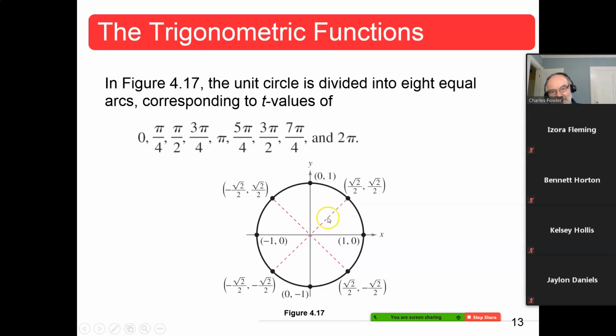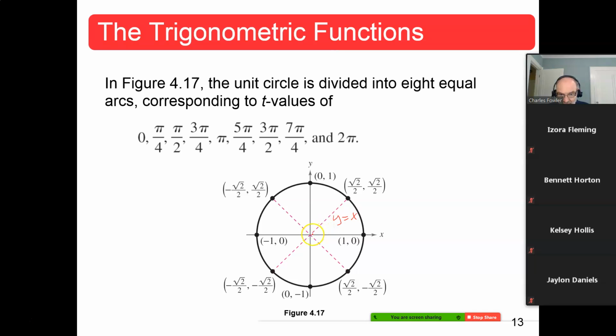Halfway between there, this line right here, if you didn't have the unit circle here, you would call that the identity function, because y is equal to x. So let's write that down. Right here, on this line, y is equal to x.